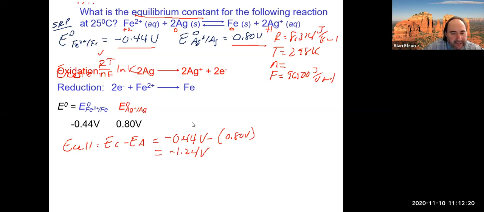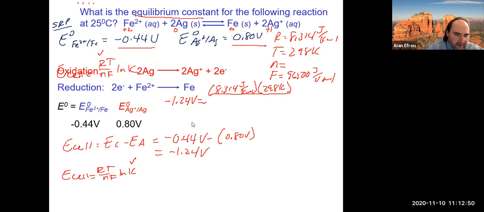Now that we have E of the cell, we pretty much have everything we need. E of the cell is going to be RT over nF natural log of K, and we are looking for K. So that's going to give us minus 1.24 volts is equal to R, 8.314, our temperature of 298 Kelvin, divided by our n, which is 2 moles.